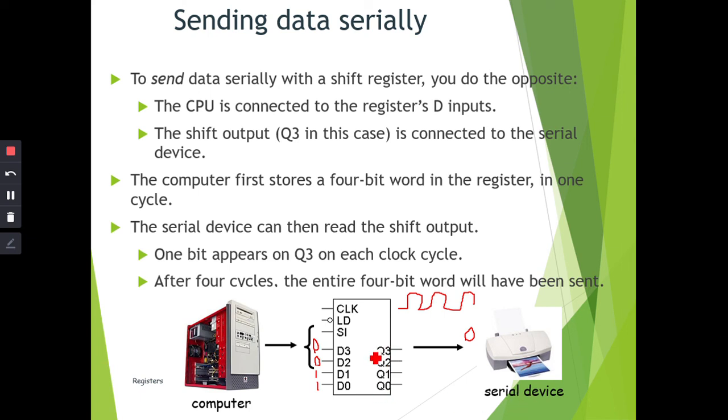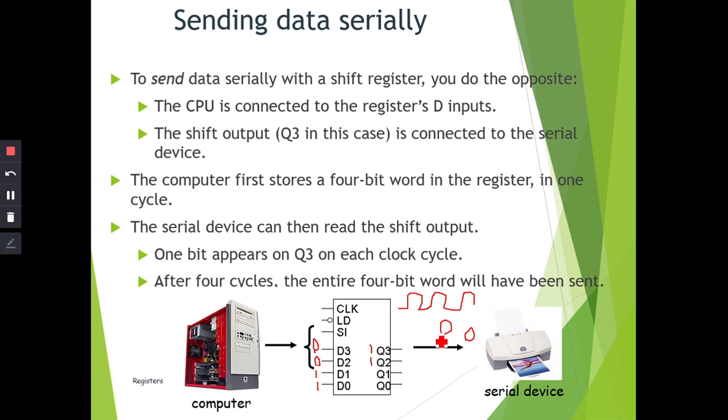So 0, 1, 1. At the second clock cycle, 0 will go here, and then we erase it, and just leave 1, 1 here.